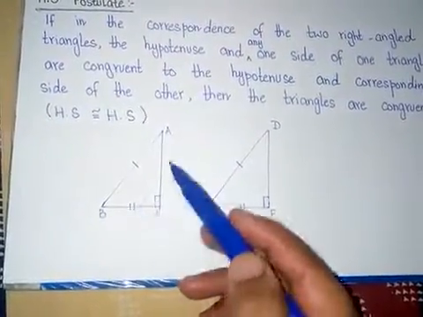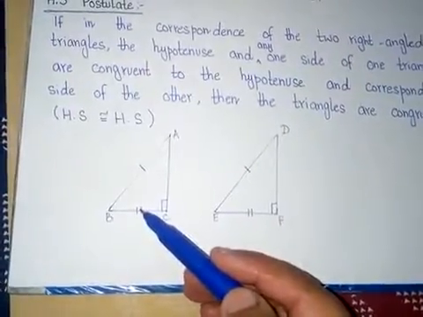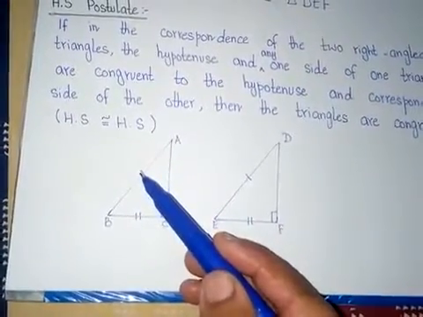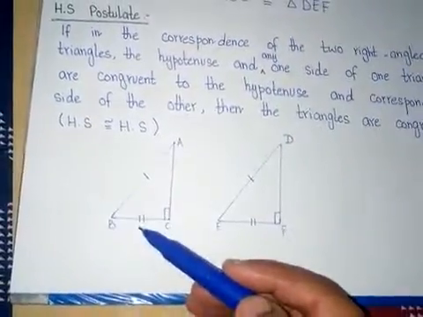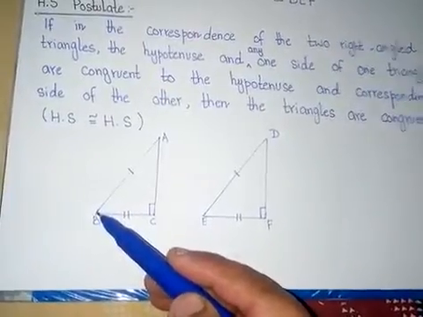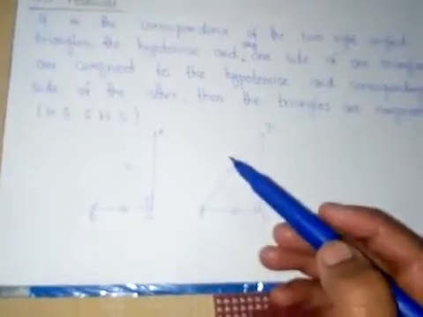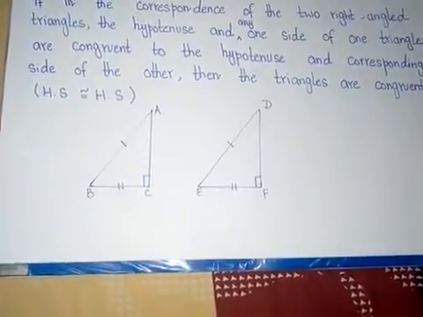We can take any one side, either perpendicular or base. If hypotenuse of one triangle is congruent to the hypotenuse of the other triangle, and from other two sides any side is congruent to the corresponding side, then the triangles are congruent.